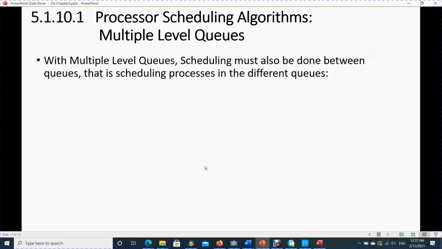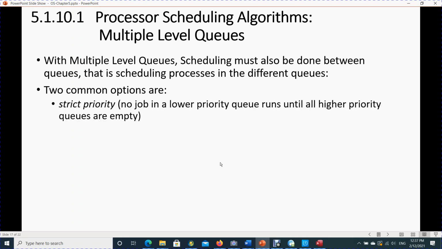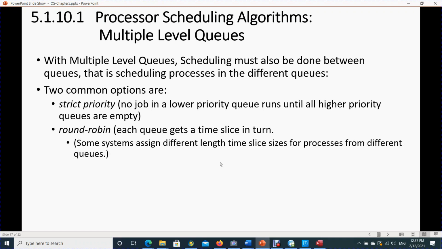With multiple level queues, scheduling has to be done, or can be done, between queues. Scheduling processes from different queues. Different common options are strict priority, where no job in a lower priority queue runs until all the higher priority queues are empty. Round robin, where each queue gets a turn to provide a process to be executed.